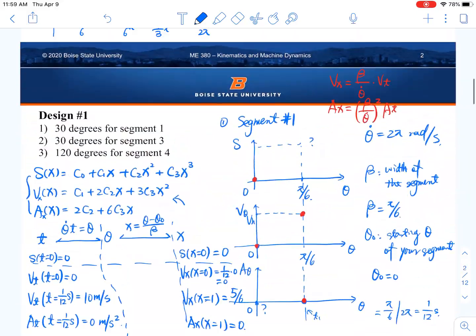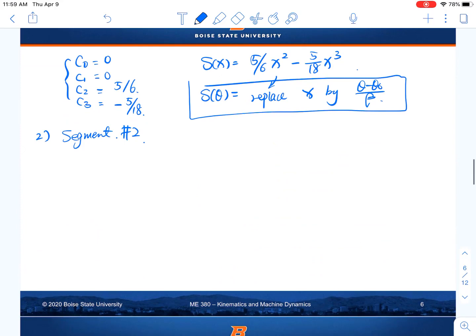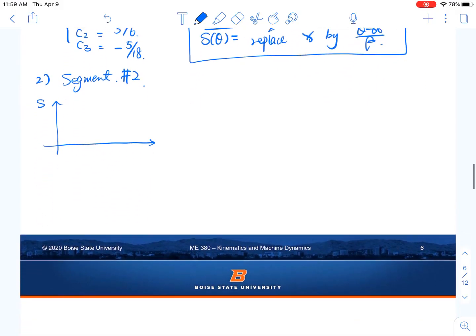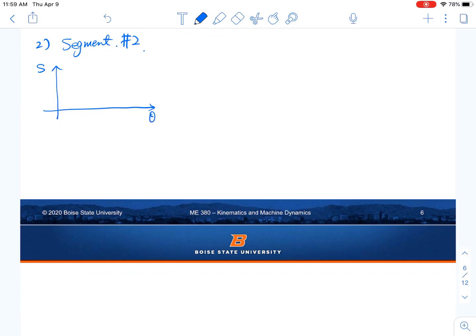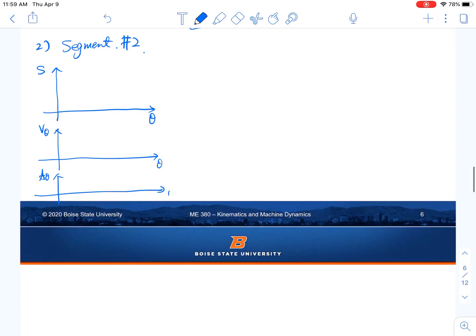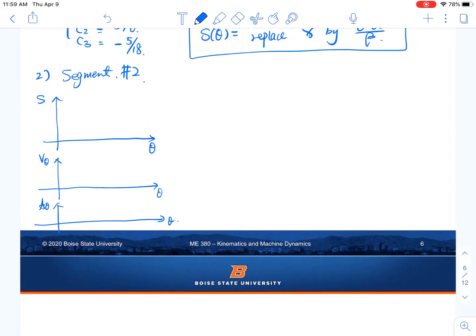So in your second segment, let's plot whatever we have already. So we know that you have your S, you have S theta, your theta V, you have your A theta, and then we know that in this case your theta naught is 1/6 pi, and your beta is pi, right?